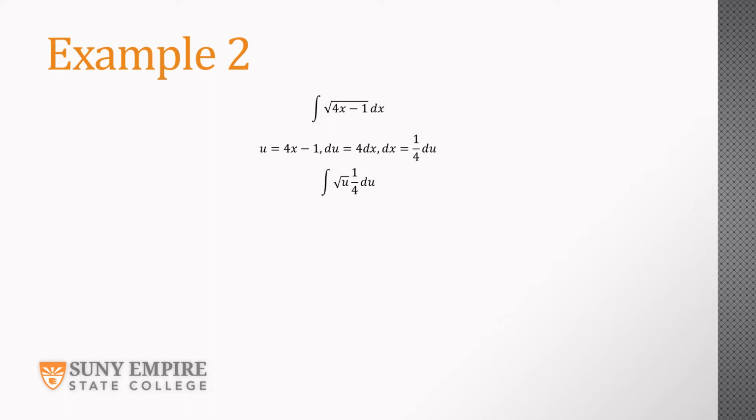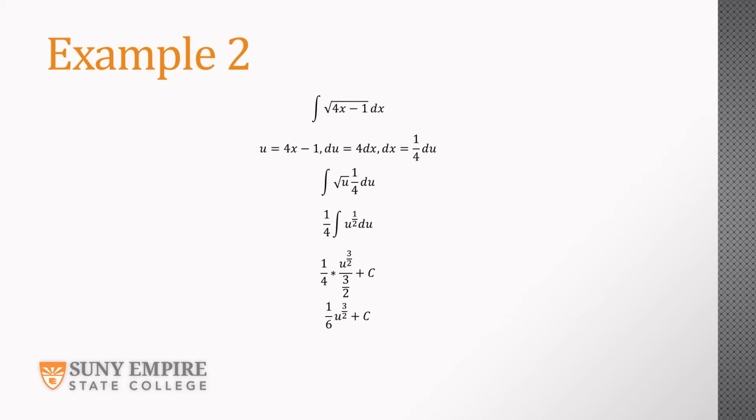Substituting in, we have the integral of the square root of u multiplied by 1/4 multiplied by the derivative of u. Adjusting, we have 1/4 of the integral of u to the 1/2 power multiplied by the derivative of u. Taking the integral, we have 1/4 multiplied by u to the 3/2 power divided by 3/2 plus c.